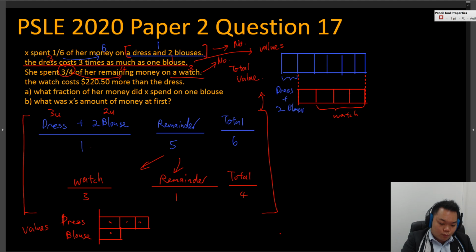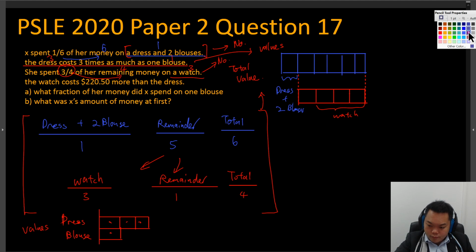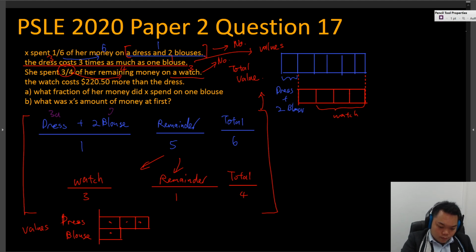Which means that one of these blue blocks here, maybe I should use a different color for this, will represent a value of 5 units. Correct? So when this is the case, you can see that all of these can be multiplied by 5 units to give you 25 units and 30 units here in total.